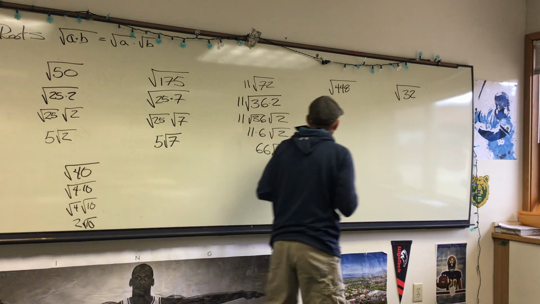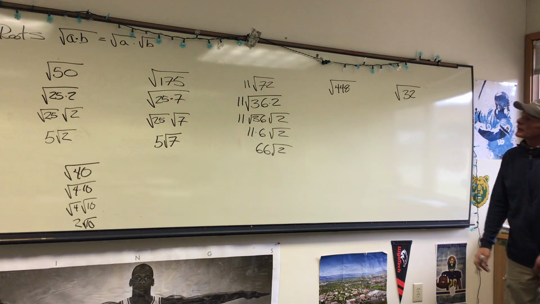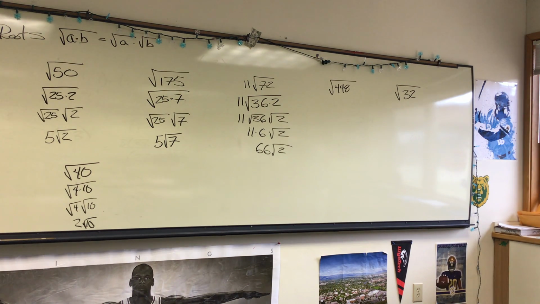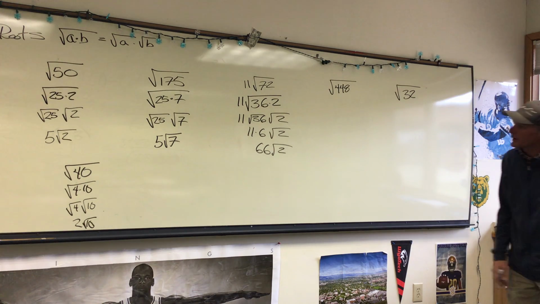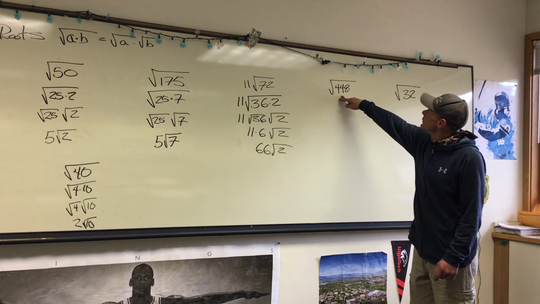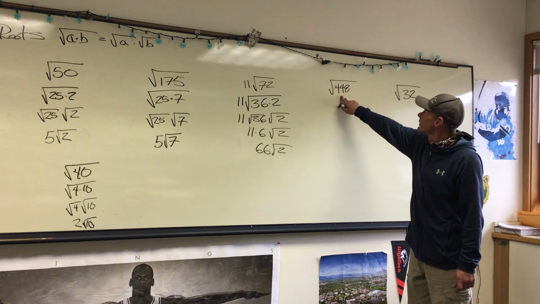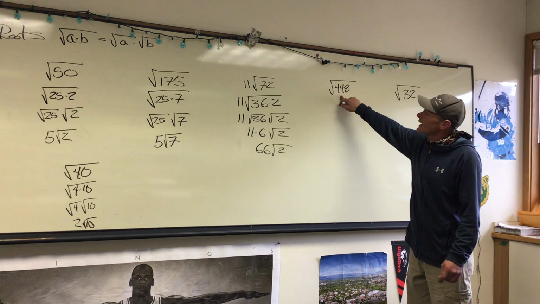Easy peasy. This one I picked out because you might not know. It's a big number. So clearly 100 is a perfect square. 100 does not divide, right? So you would take your calculator and maybe you would try the next one. What's the next lowest perfect square? 81. Does 81 divide 448? No, it doesn't. That's 9 squared, right?